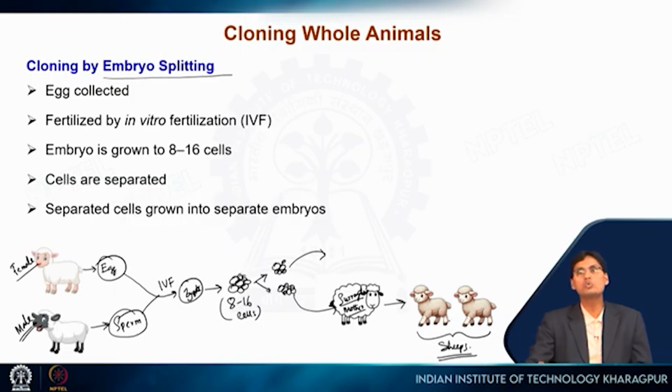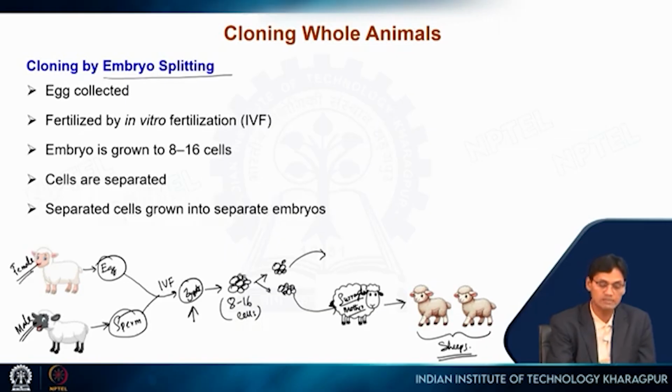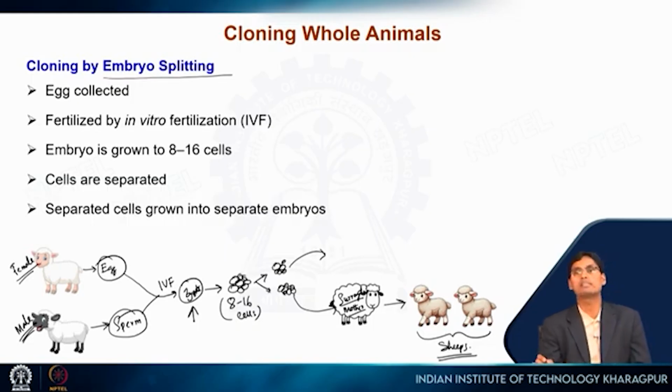Now, these two sheep are identical to each other. They are identical because both of them originated from the same zygote. So they are not identical to their parents, the female sheep or male sheep. But these two are clones of each other because they originated from the same zygote.